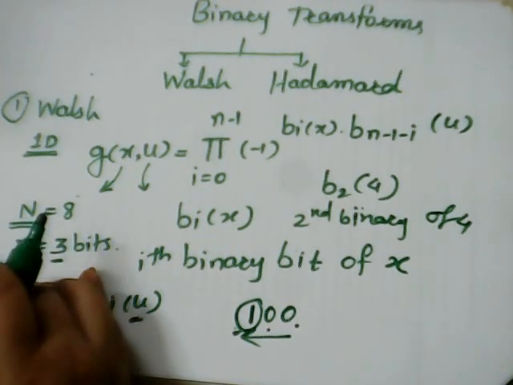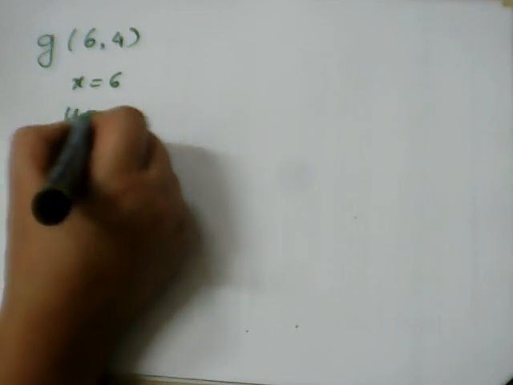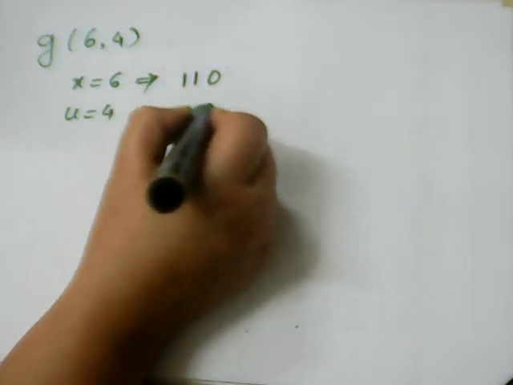So we will calculate the basis function for g of 6 comma 4. So x value is given 6, u value is given 4. So binary of 6 in 3 bits is 1 1 0, and binary of 4 in 3 bits is 1 0 0.